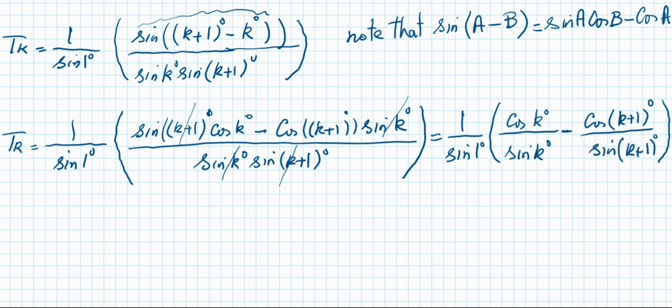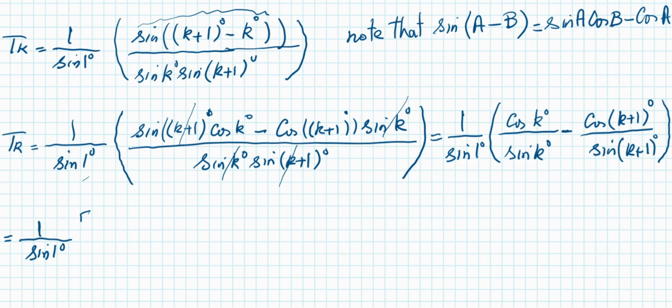Now, if we want to write the series again, if we call this series S, we have 1 over sine of 1 degree times, this would be cotangent of k. So we have cotangent of 1 degree minus cotangent of 2 degree.